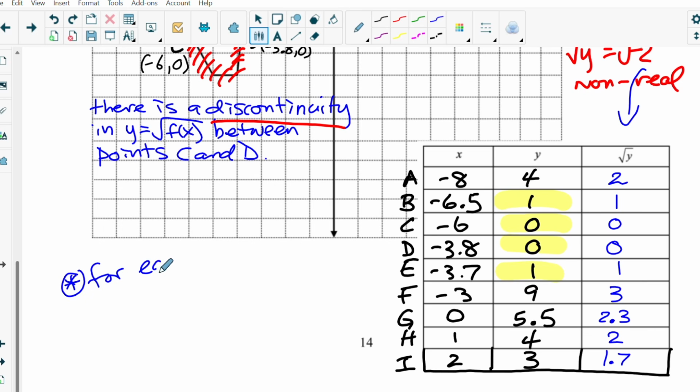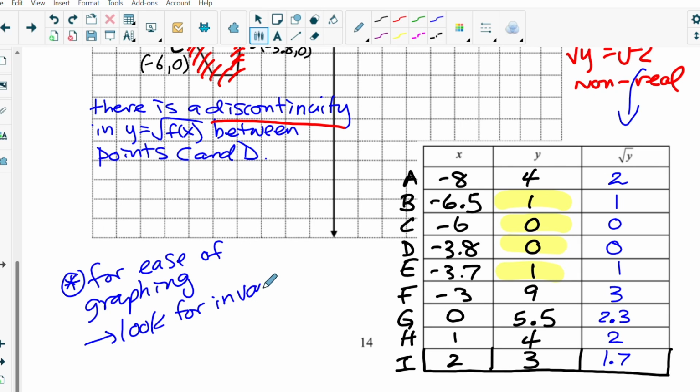Okay, so a couple of tips here for ease of graphing. Look for your invariant points first.